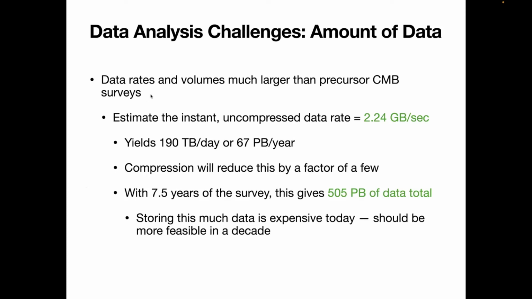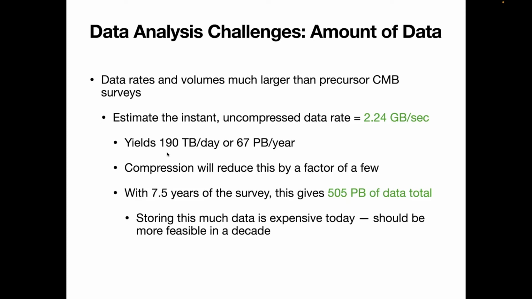So we're talking about huge data rates, much larger than precursor CMB surveys. So the estimate of the instantaneous uncompressed data rate is about 2.24 gigabytes per second. So that would yield 190 terabytes per day, or 67 petabytes per year.